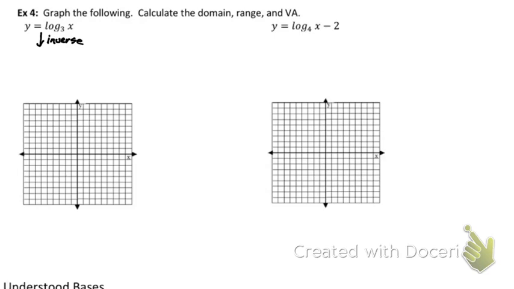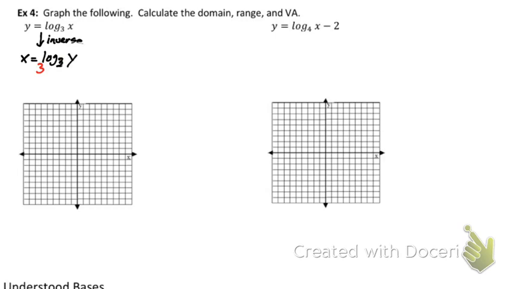To find its inverse, I switch my x and y values to give me x equals log base 3 of y. To get rid of log base 3, I rewrite it as an exponential function with a base of 3. Yes? Oh, yeah, sorry, I should have a y.